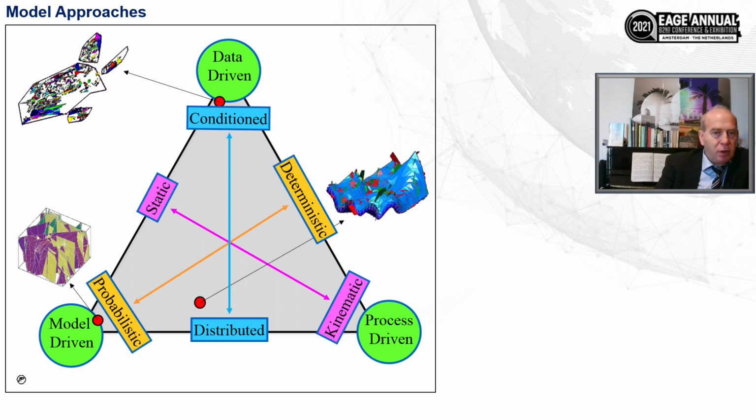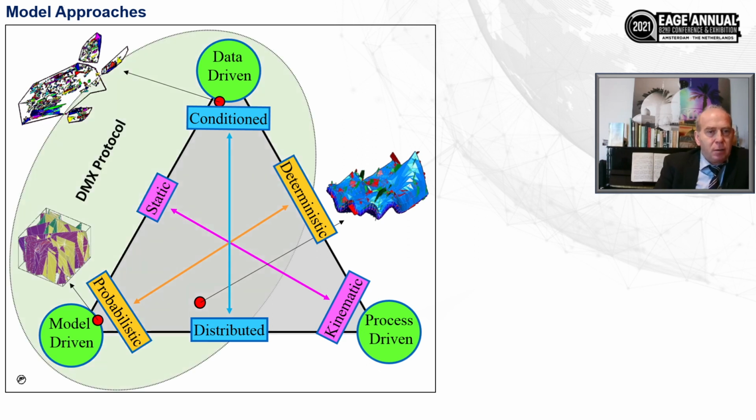An example of a combination of the model-driven and process-driven approach is this model where fractures are generated during the generation of a geological anticline. Now, the DMX protocol for the moment covers more or less this part of this diagram, providing the possibility of generating models with model data and specific process-driven approaches.